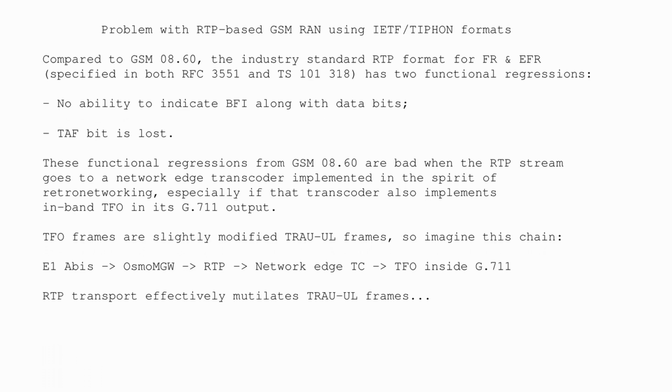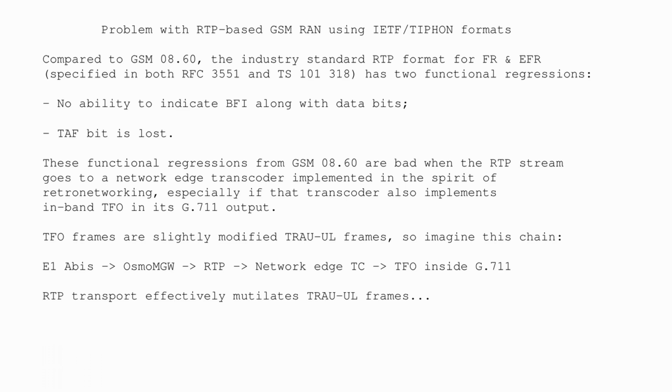That might be the naive reaction, but these problems that I pointed out are actual functional regressions from classic GSM 08.60 to RTP. And in particular, I draw your attention to this line here, to this little SKR diagram of, again, what if.